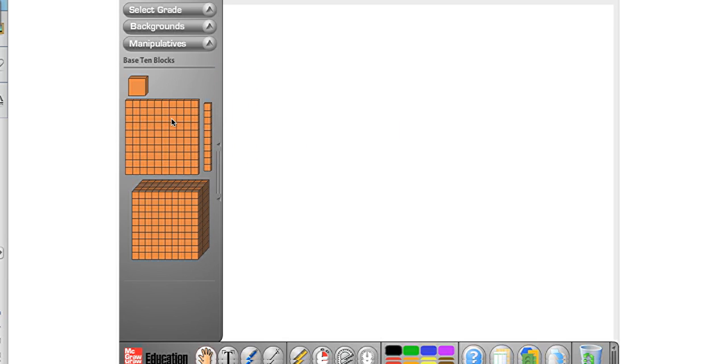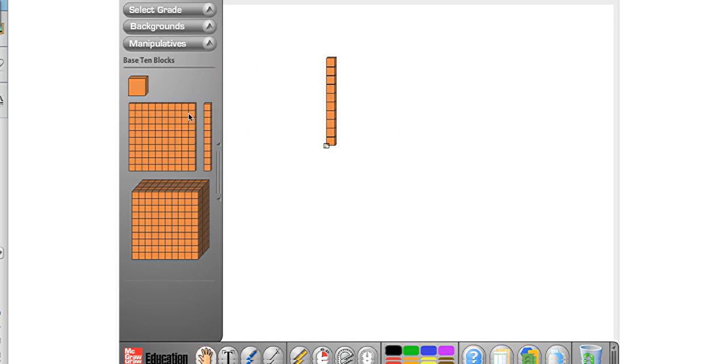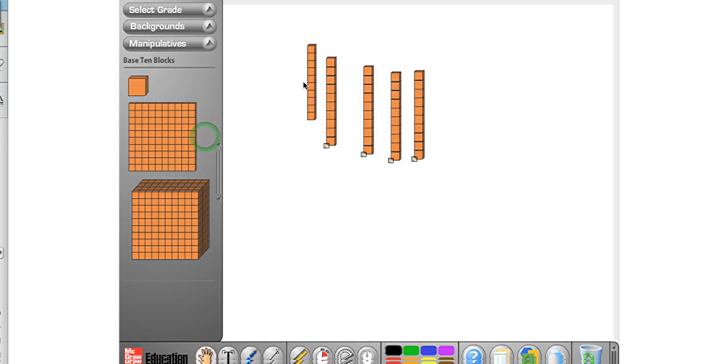So that's when you're like, okay, I'm going to trade that in for what? Well, you guys had told me that there are 10 tens in a 100 block. So let's get 10 tens.